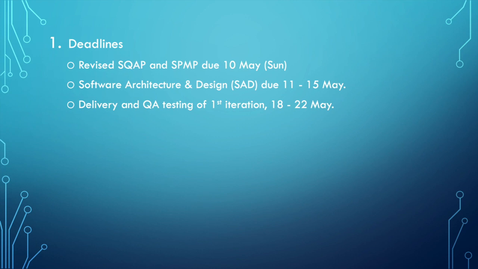Now, the delivery and QA testing of your first iteration will be an ongoing event between the dates 18 to the 22nd of May. So if your prototype is ready, you tell the QA that you are ready to have the first iteration tested, and the QA team should have that time, 18 to the 22nd, to actually test and give a verdict of pass or fail of the prototype.